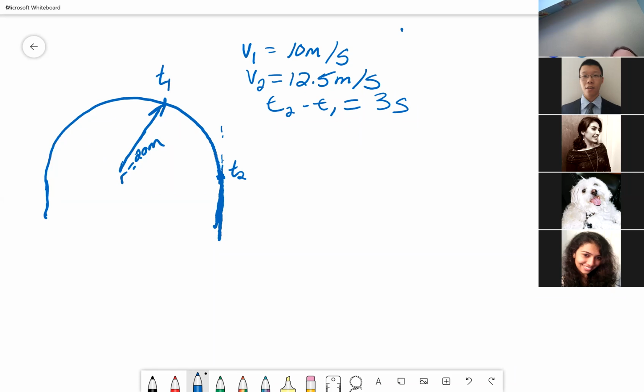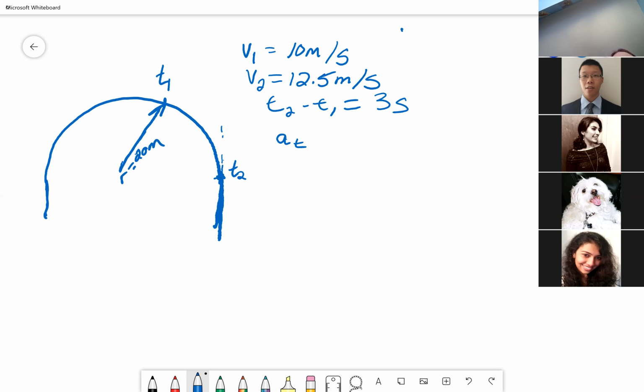They leave the curve at time 2. Assuming a constant increase in speed between T1 and T2, this is going to be a constant acceleration, and that is the tangential acceleration, because the tangential acceleration reflects the change in speed.